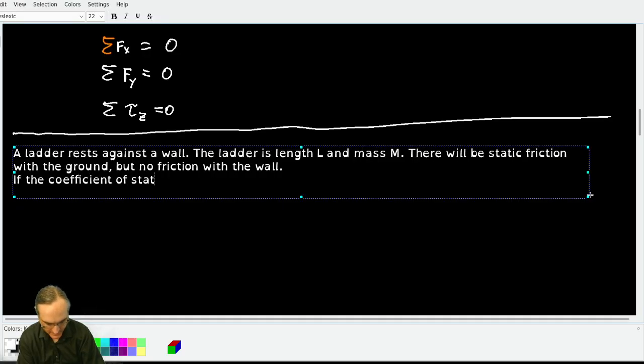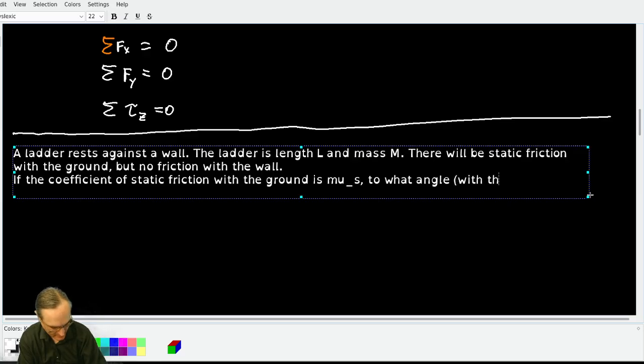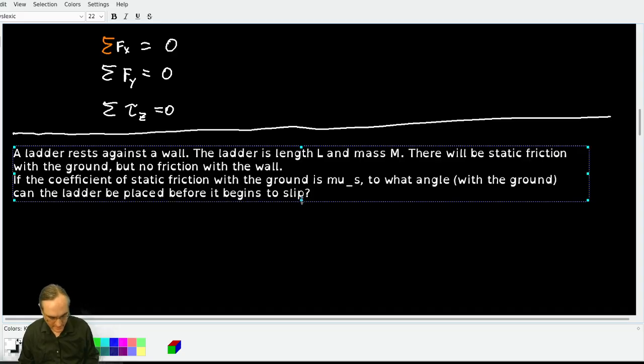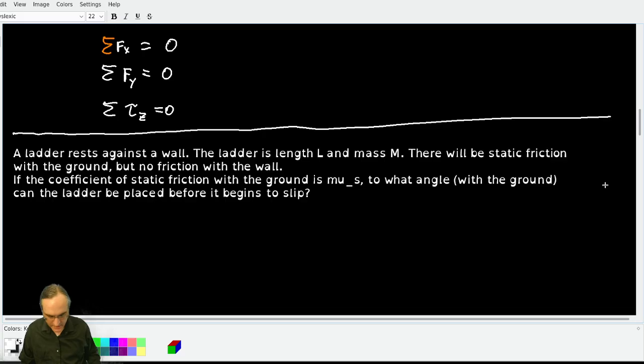If the coefficient of static friction with the ground is mu sub s, to what angle with the ground can the ladder be placed before it begins to slip? This is an absolute classic for statics.